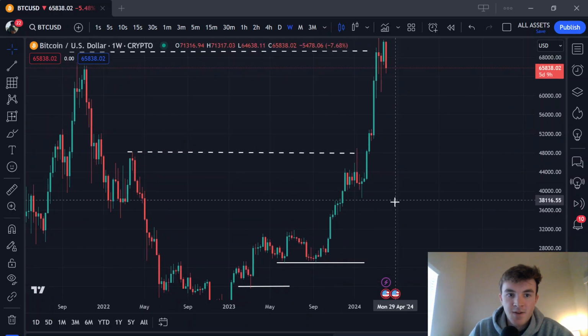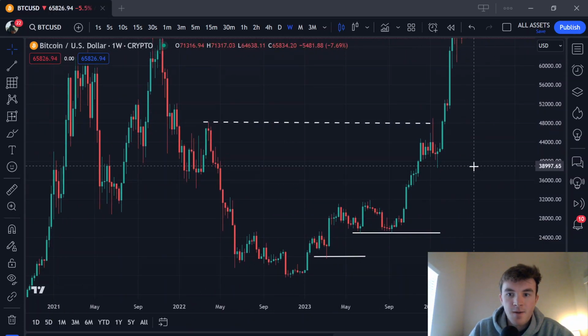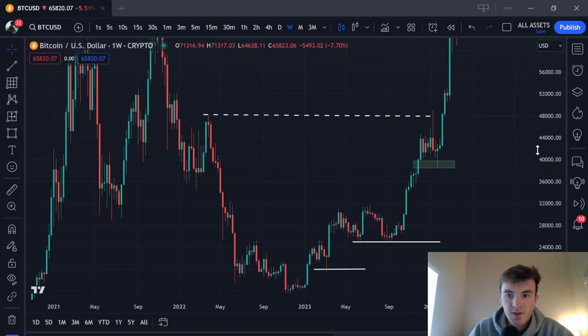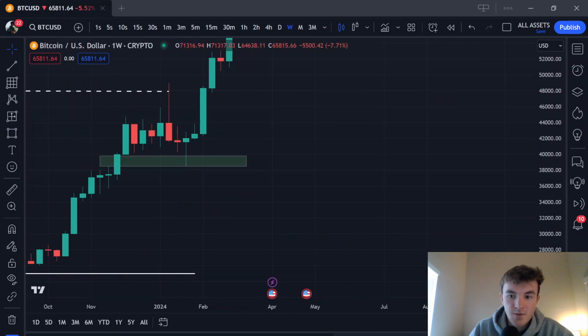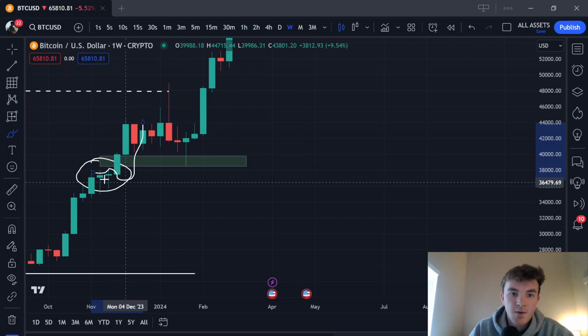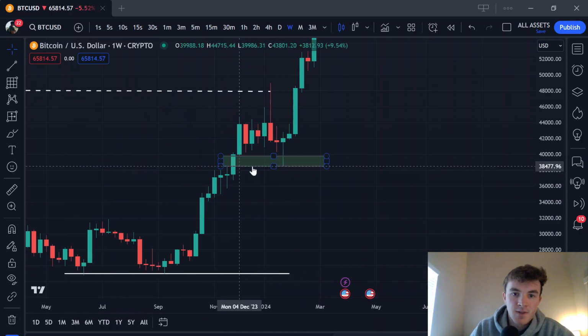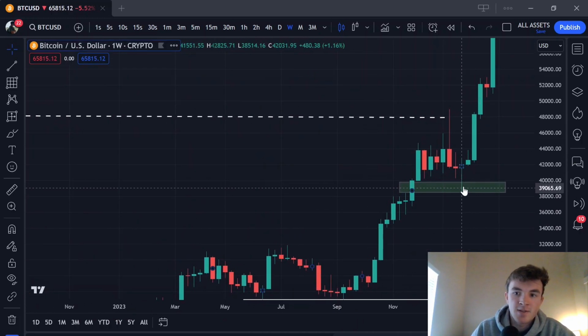Smart money took profit there. Price came down, filled this imbalance, which if I were to show you this price action, this was actually a low, a high, a lower low, and a higher high, which is called a breaker block, which I can go over in another video. But together with that gap and that breaker block, this marked the low.